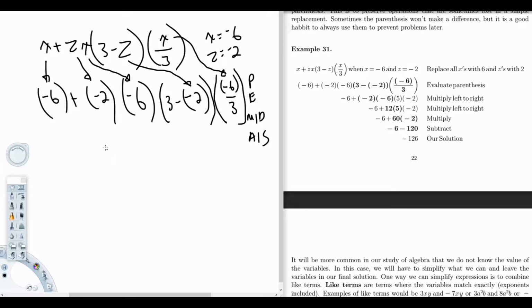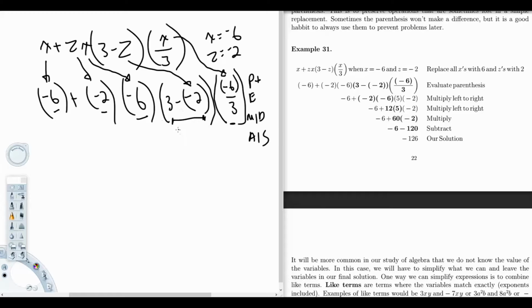Okie dokie. Now we've got numbers, so we've got to do the order of operations. The first thing we do is parentheses. Is there parentheses? Yes, around individual numbers, but this is the real parentheses right here.